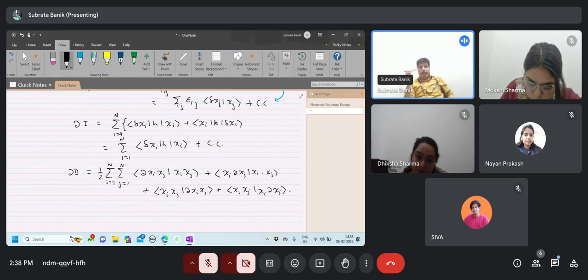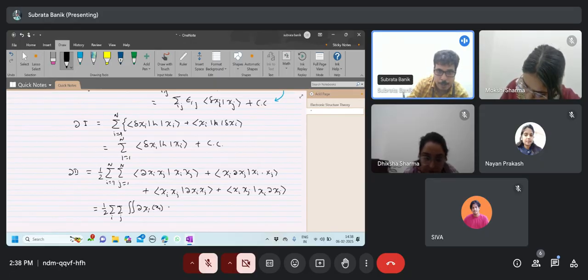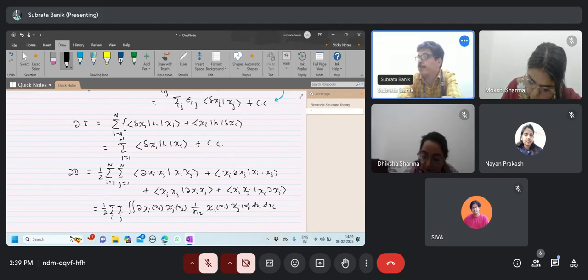Now let us write it explicitly. We'll expand this in terms of integrals. For i, j, this is the double integral of delta chi i of x1, chi j of x2, 1 upon r12, chi i of x1, chi j of x2, dx1 dx2.